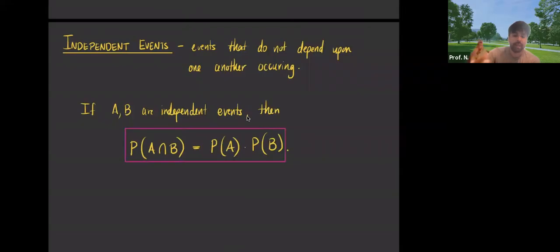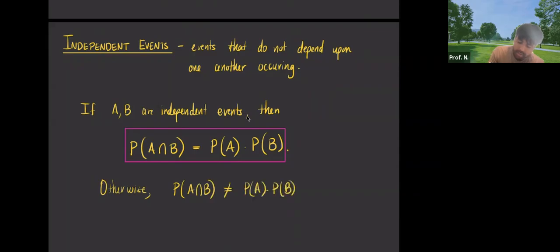So if you have two events, to make sure that they are independent, find the intersection and see if the product of their probabilities separately is equal to that intersection. If it is, then they are independent. Otherwise, if the probability of A intersect B doesn't equal the probability of A times the probability of B, then A and B are dependent.